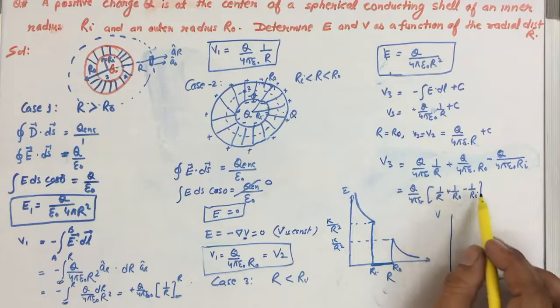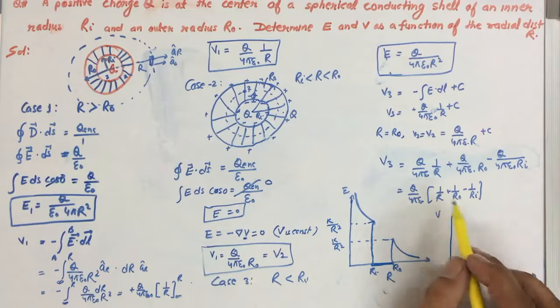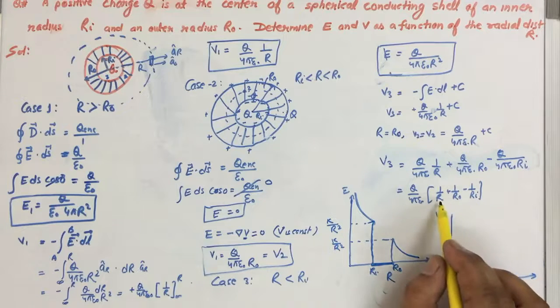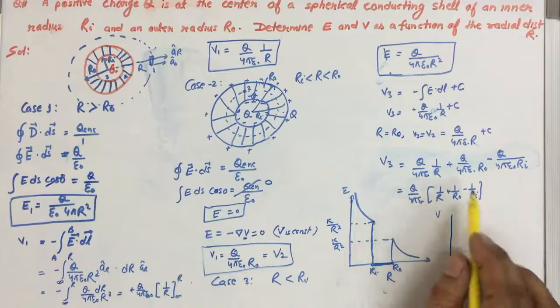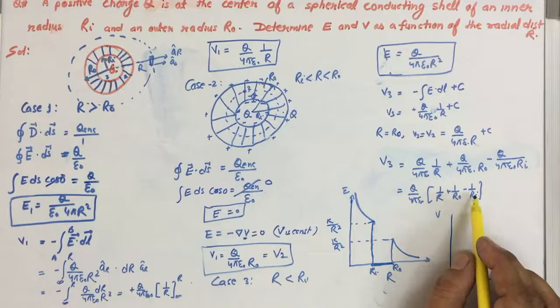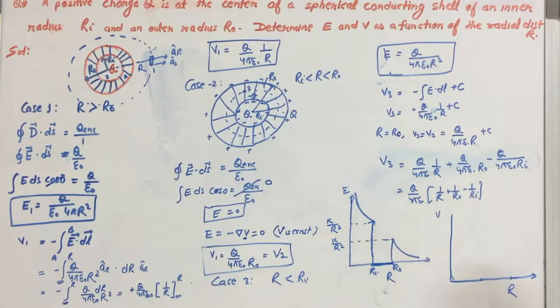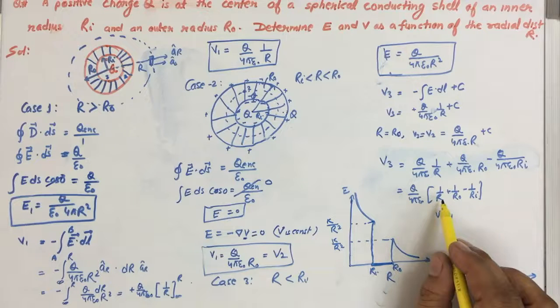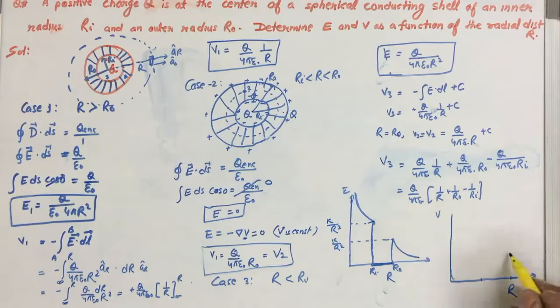So this is somewhat a negative term because R naught is more than Ri. But overall it will be positive because we are talking about R less than Ri.